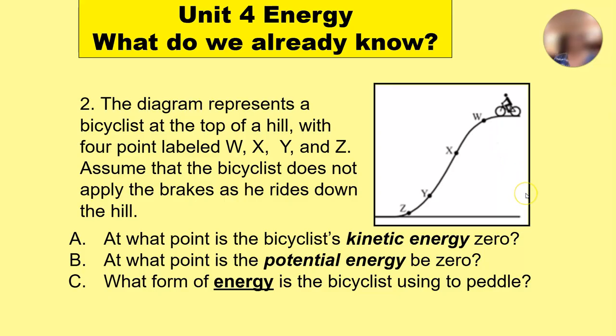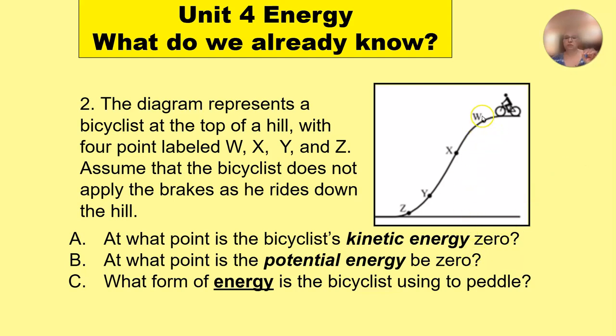And then at what point would their potential energy be zero? So this would be their ability to actually do something, right? Kinetic energy is kind of like the realization of the potential that this object has to do something. So at what point would they have zero potential to do anything else?